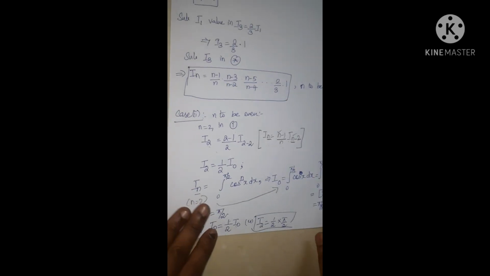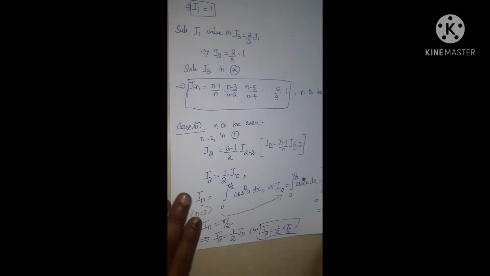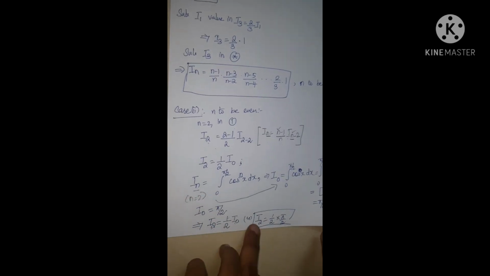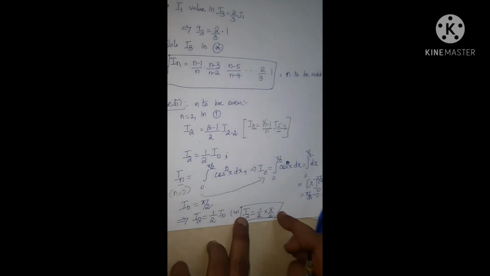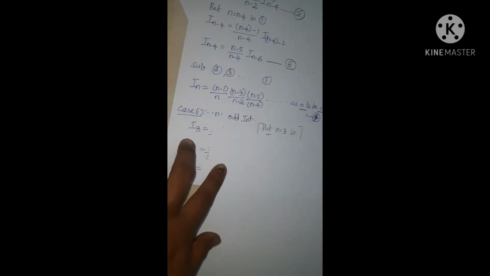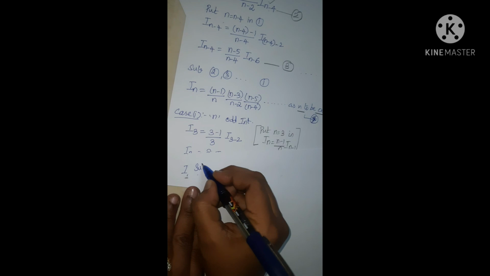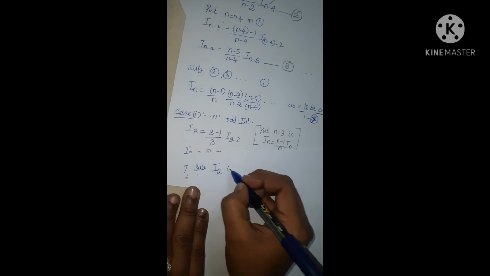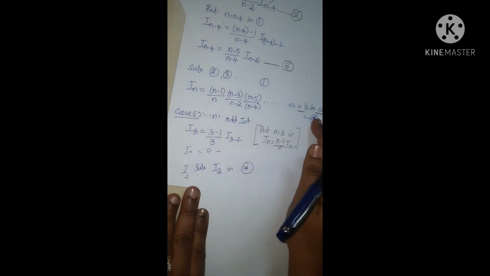So finally, the final part, we are going to substitute this last integral where the expression is going to end up with I2. We substitute I2 in the star equation.